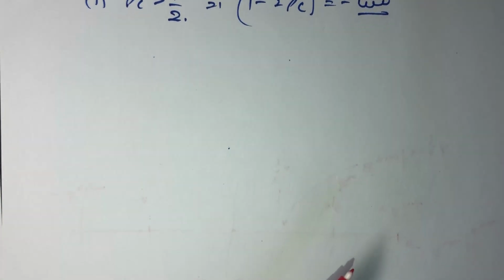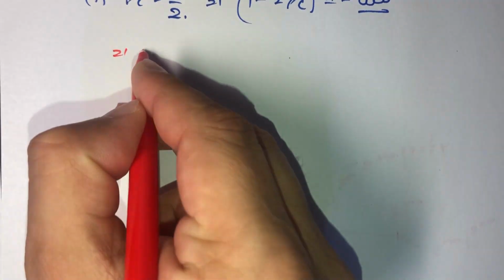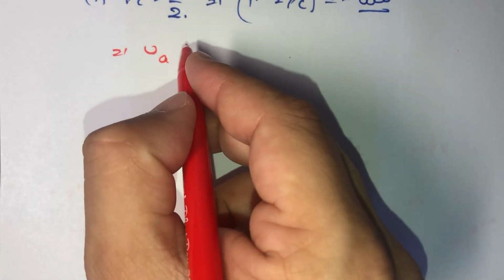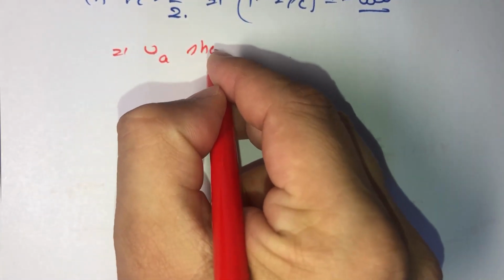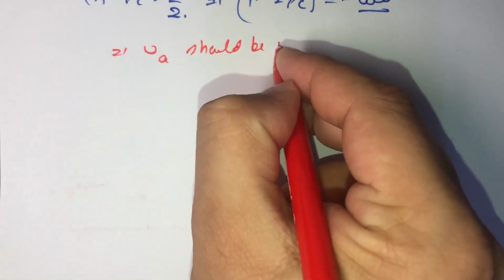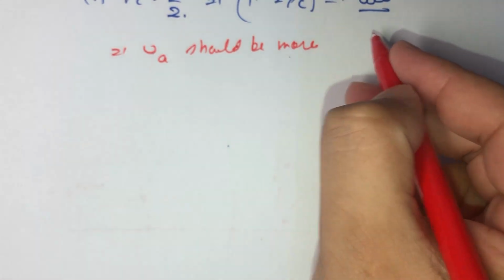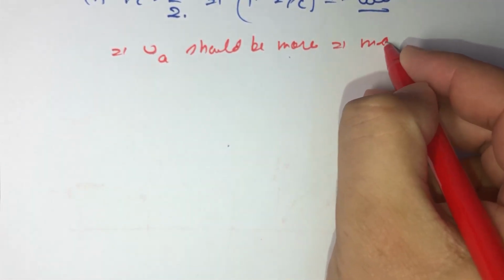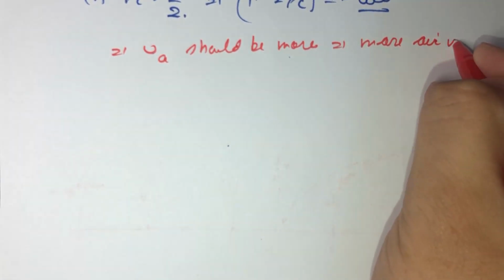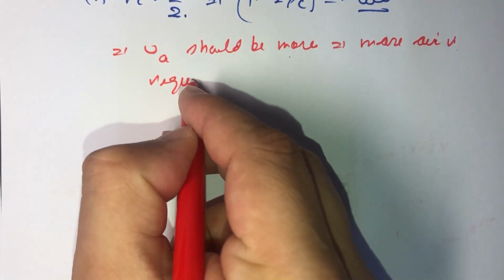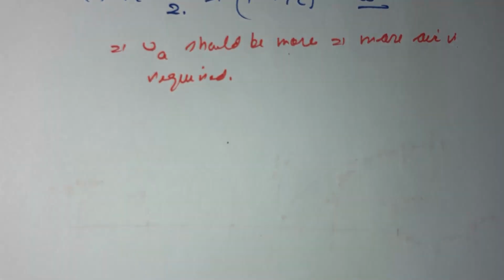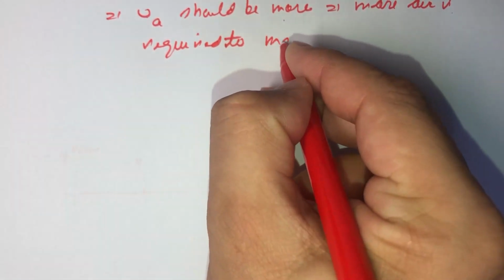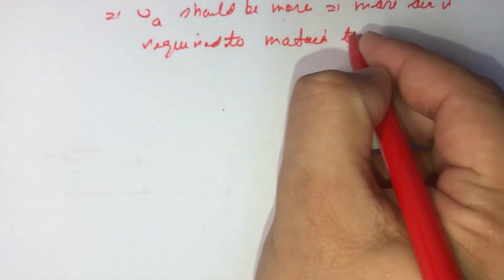So there we can say that VA should be more, that is, more air is required to maintain the equilibrium.